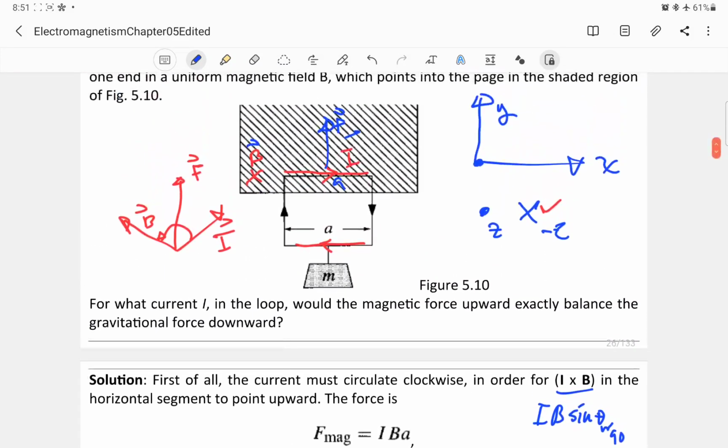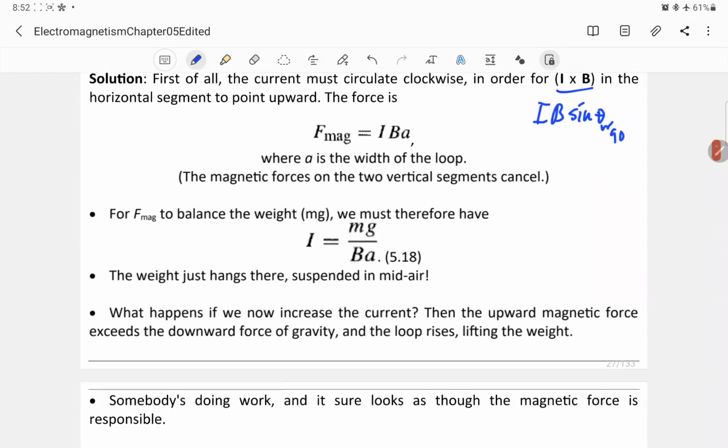Of course you don't have to include the lower segment, because the lower segment will neutralize this force. If you put the whole loop here, this will neutralize this one. And the side segments do not contribute, because the resulting forces there would cancel each other; you see your right hand rule.